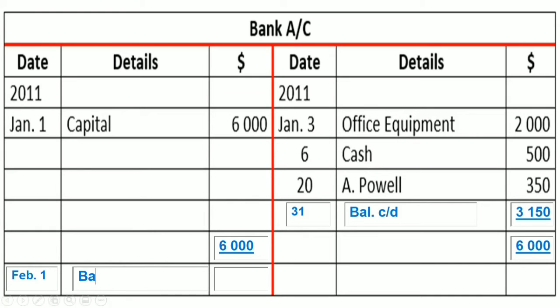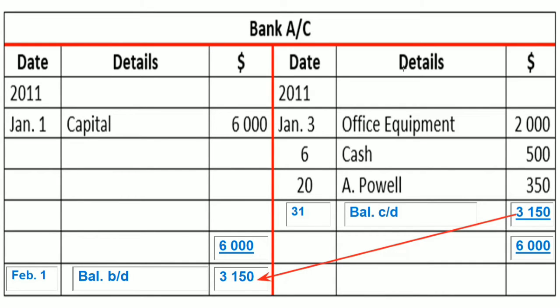Our details is balance brought down, and the value for the balance brought down there is the same thing as your balance carried down, which is $3,150. So remember, whatever you have in step 3 is what you record as the balance brought down on the opposite side of your carried down.